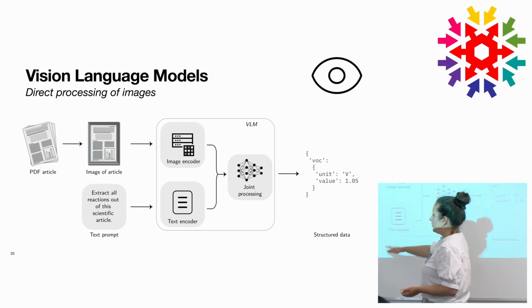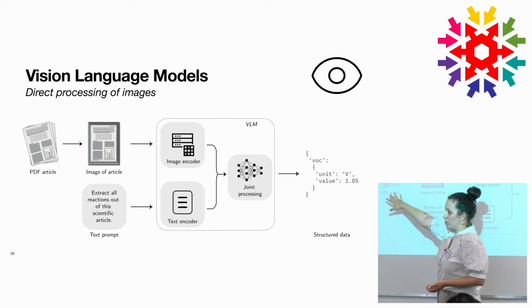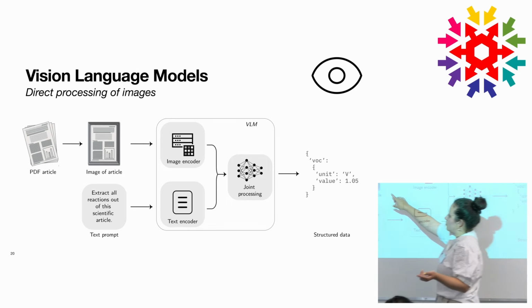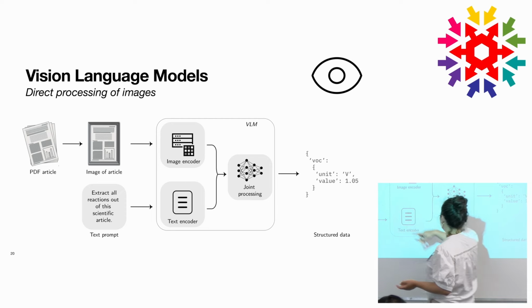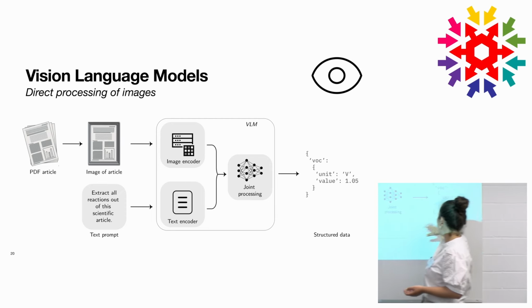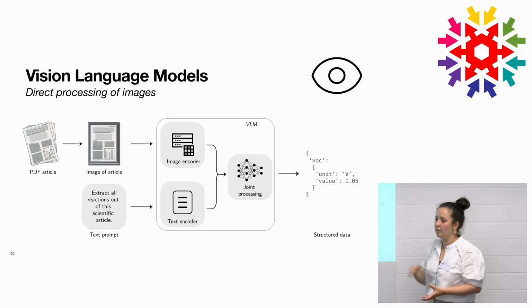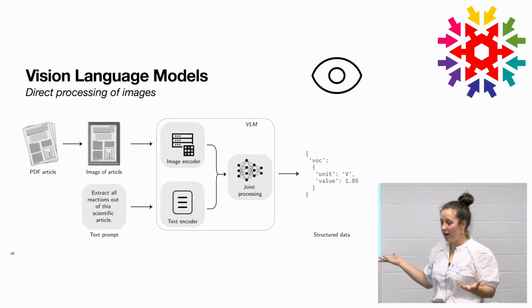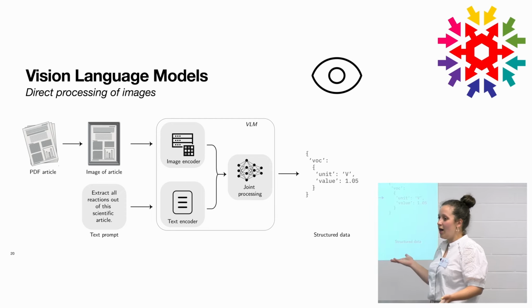They would basically convert your PDF into an image, which is super easy. Then you would pass the image together with the text prompt to the vision language model. It would process it together and then come up with your structured data.